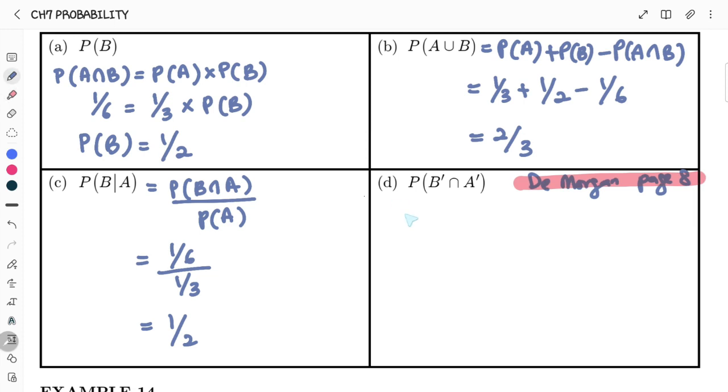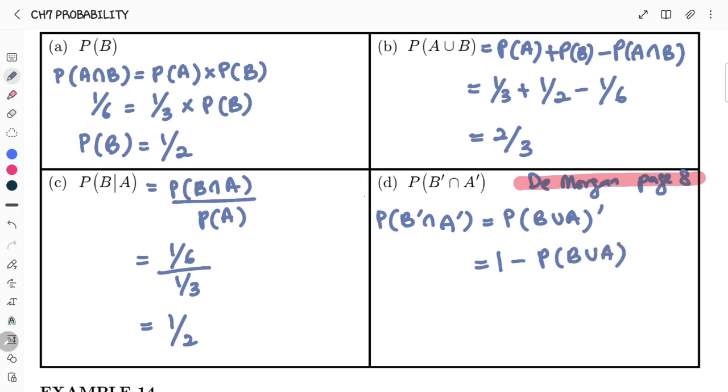We know that B complement intersect A complement is equal to the complement of B union A. So this is just 1 minus P(B union A), which is 2/3. So 1 minus 2/3, you get 1/3.